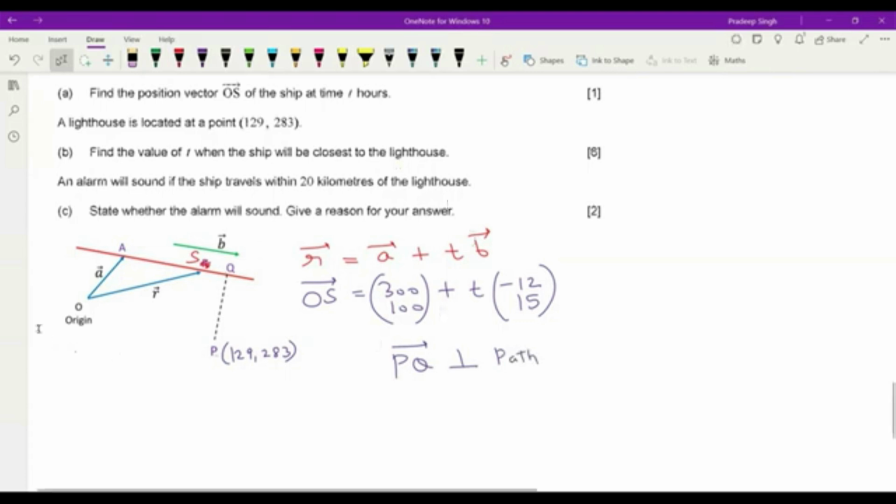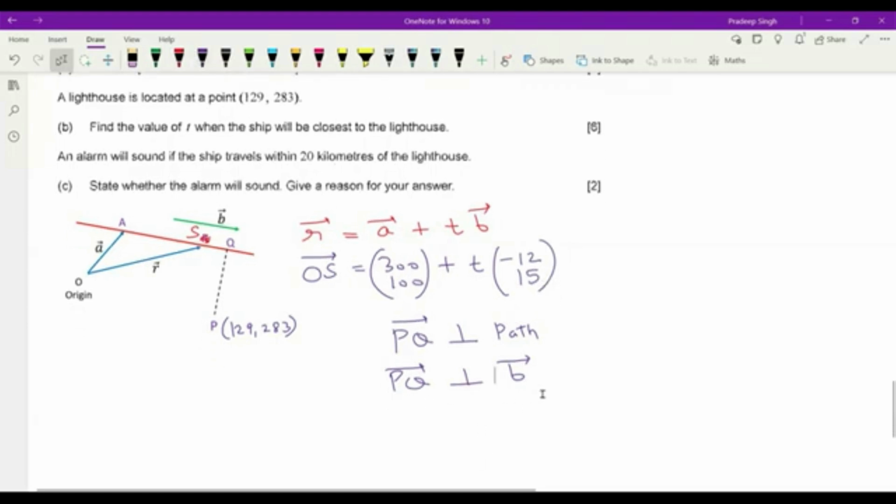You can see that the vector b is parallel to the line. So that means the vector PQ is perpendicular to the vector b. The vector b in this case is the velocity vector (-12, 15). Since we have two perpendicular vectors, we can use the fact that PQ dot b needs to be equal to 0.